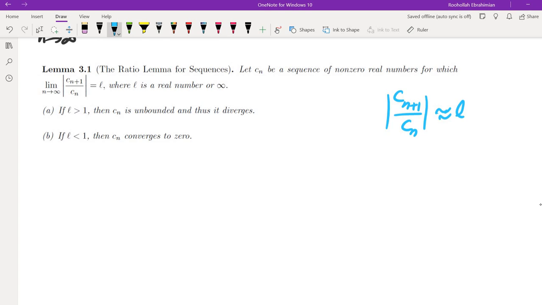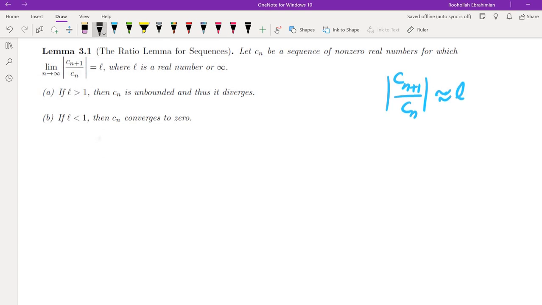If L is more than 1, then Cn is unbounded and therefore it diverges. And if L is less than 1, then Cn converges, and it converges to 0. Okay, so we are going to prove this theorem.